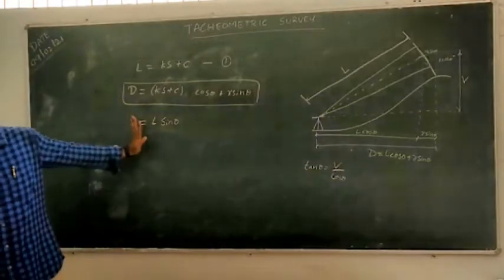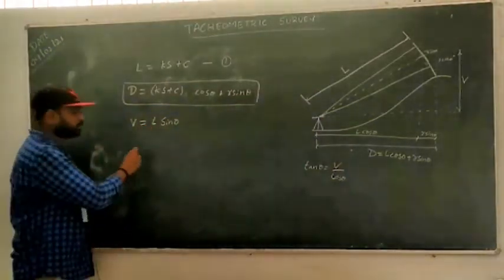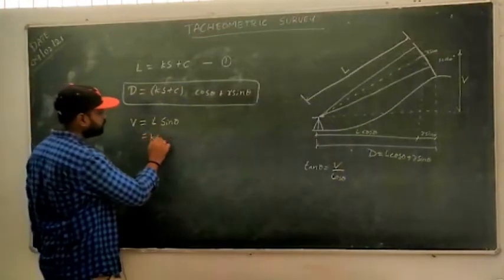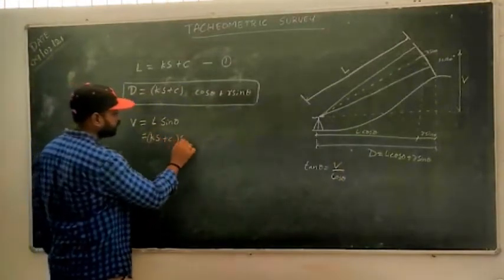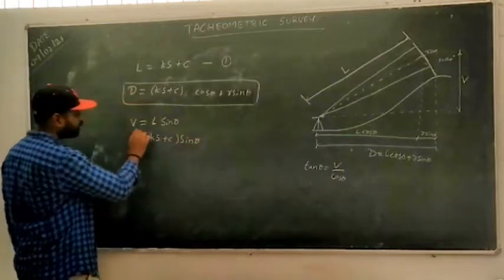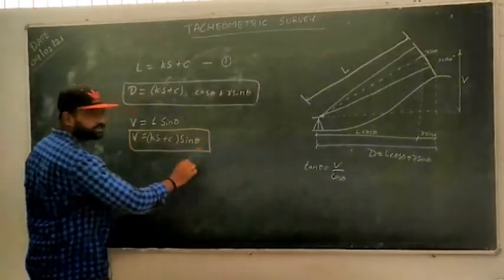Now we got V. So we know what L is. L is equal to Ks plus C, into sin theta. So this will be your vertical height equation.